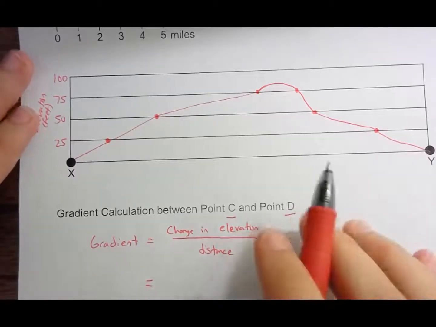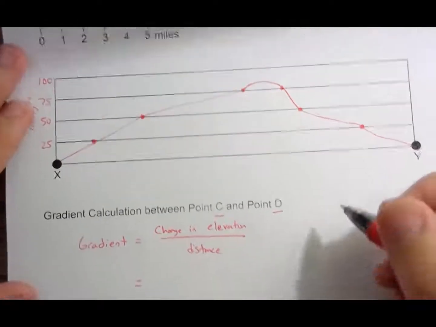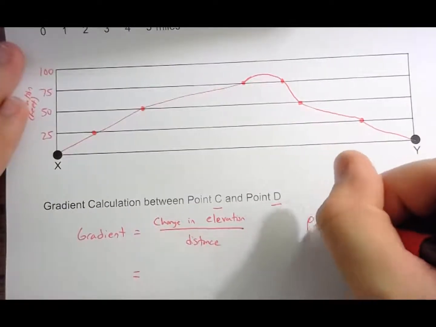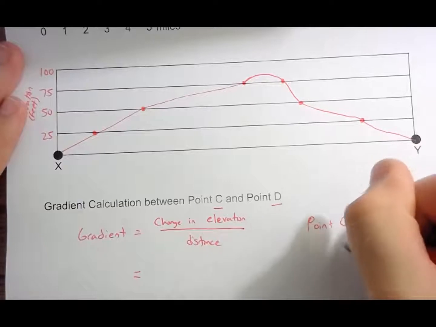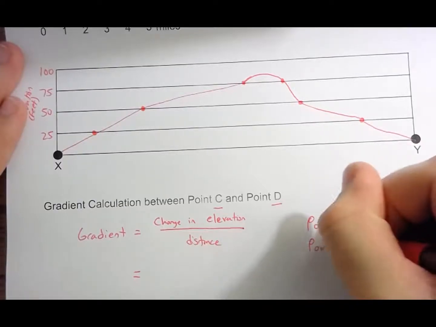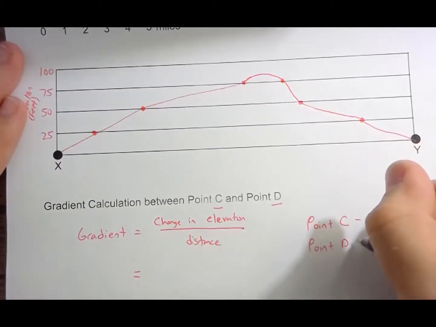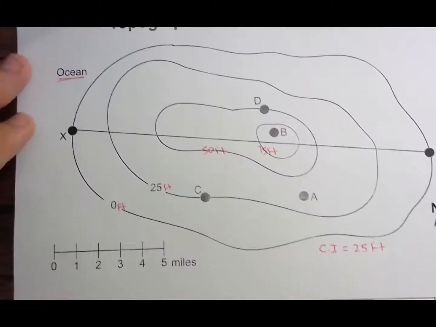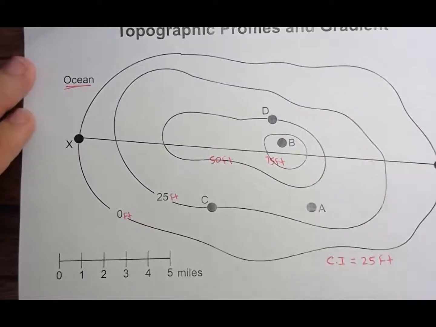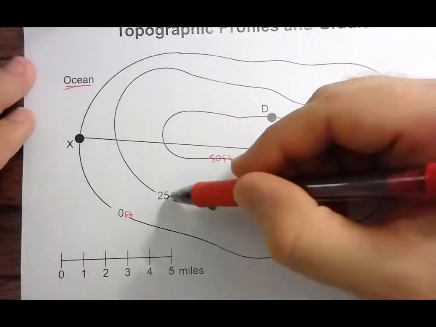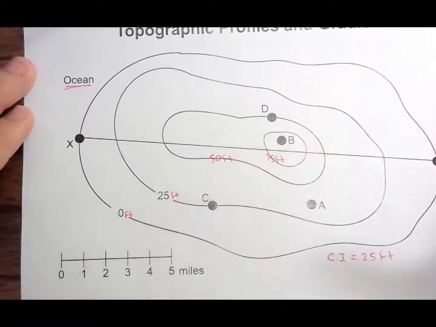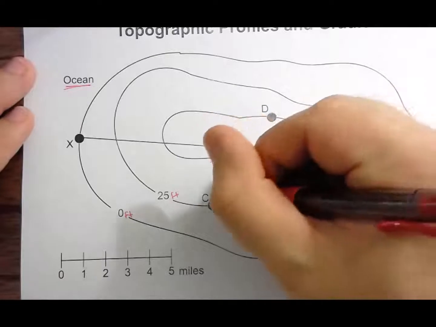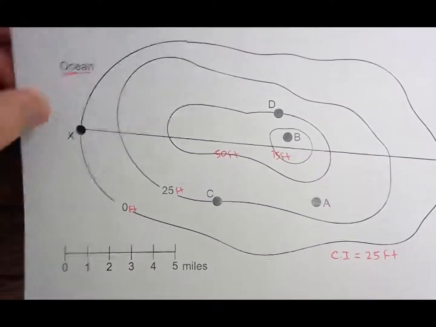Okay. So first thing, before we start kind of filling this out, I'm just going to write down point C and point D. Here I'm just going to record their elevations. So on the map, point C is on the 25-foot contour line. That means that C has to have an elevation of 25 feet.